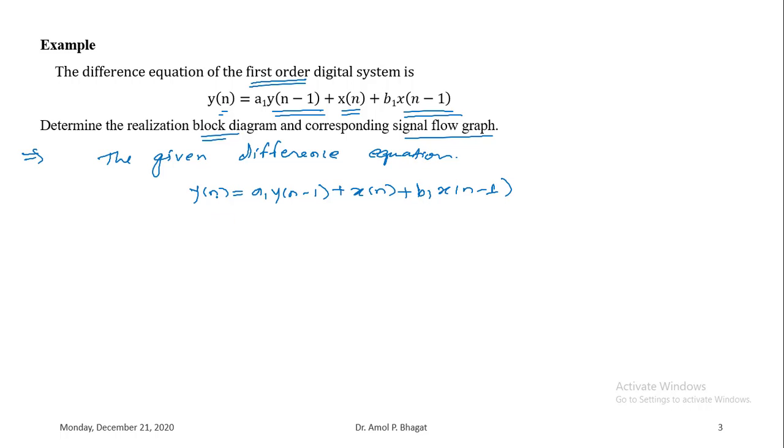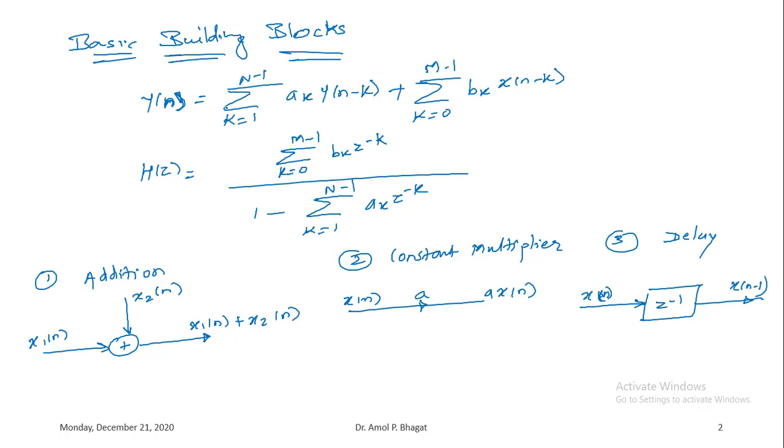Okay, so as I said, you can use the difference equation as it is for the realization of the given system, or you can convert it into the system function by taking its z transform and then representing y of z upon x of z.